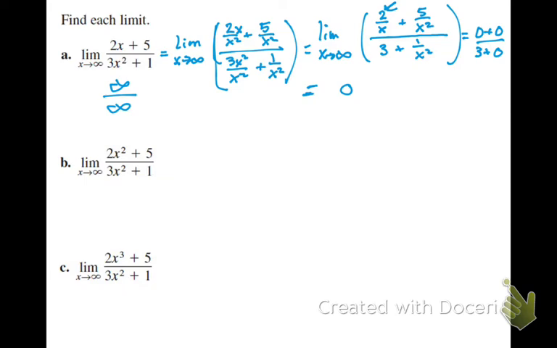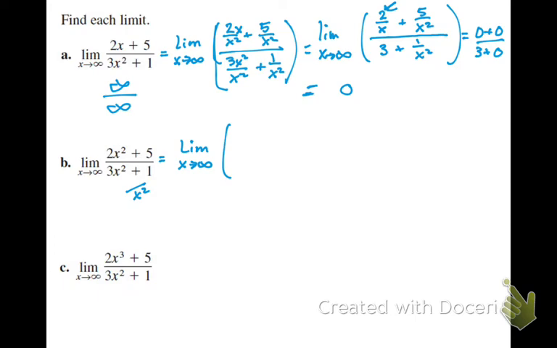So next one, I'm still going to get infinity over infinity, yes? And I'm going to divide it by what now? x squared. And I'm not going to write all my steps anymore. I'm over it. It's just the highest degree in the denominator.